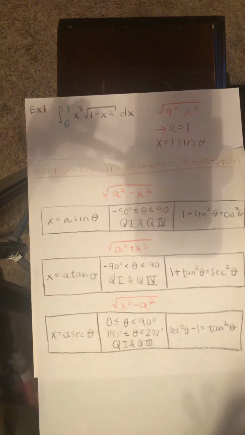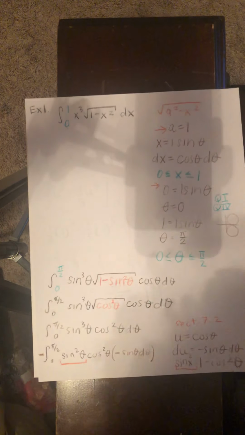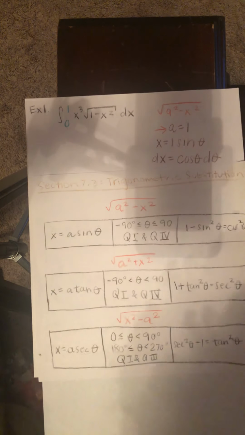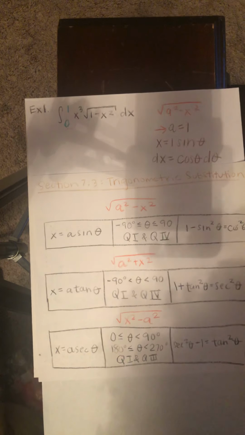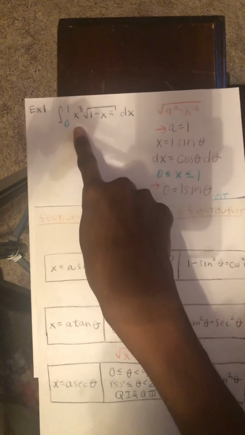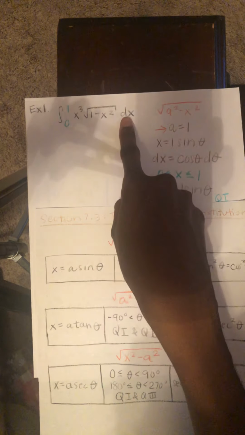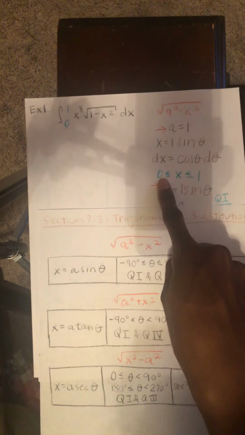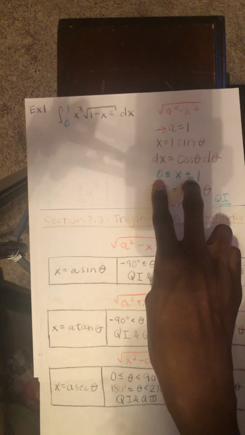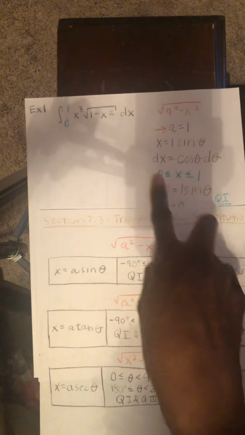And then once you have your x, you can find your dx, cosine theta, dx. And then from there, what's happening is we're about to change it from x to theta. So remember, whenever you're changing your variables on the inside, or what you're taking respect to, you also have to change your interval. So originally we had it between 0 and 1, and now we're about to change it from x's to thetas.